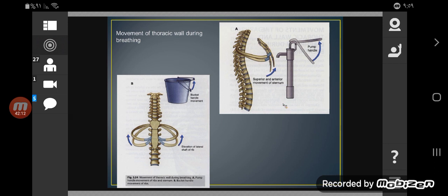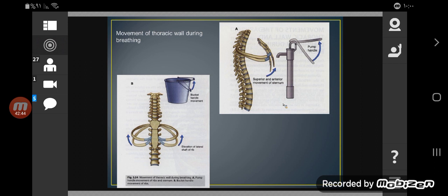Because of elevation of the rib and elevation of the sternum, you have a pump handle movement in the thorax, and by combination of the two movements you get a large amount of expansion of the thorax. The diaphragm is depressed by its contraction, and the vertical diameter of the thorax is increased by contraction of the diaphragm.